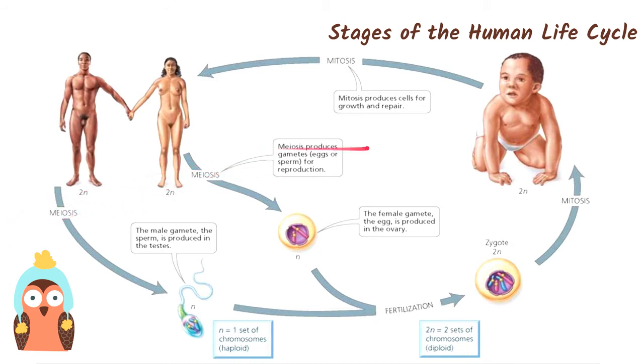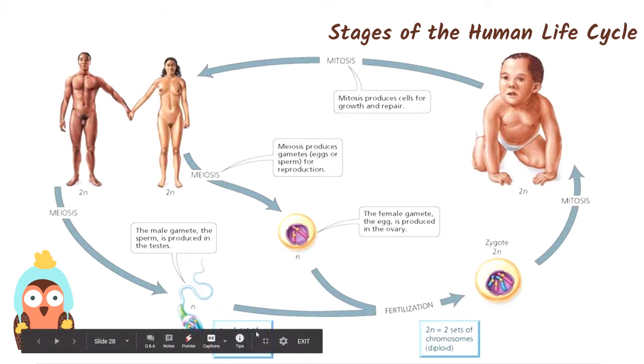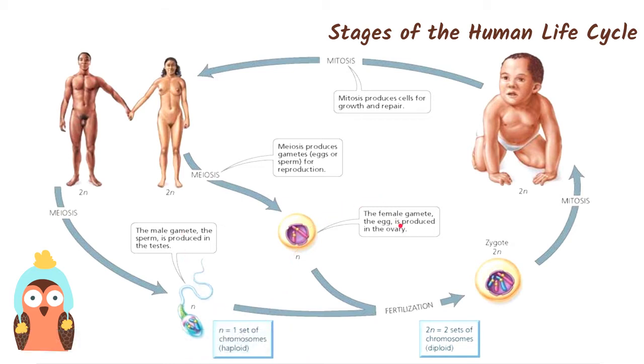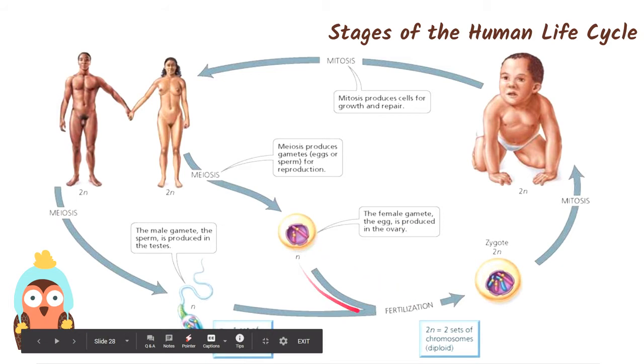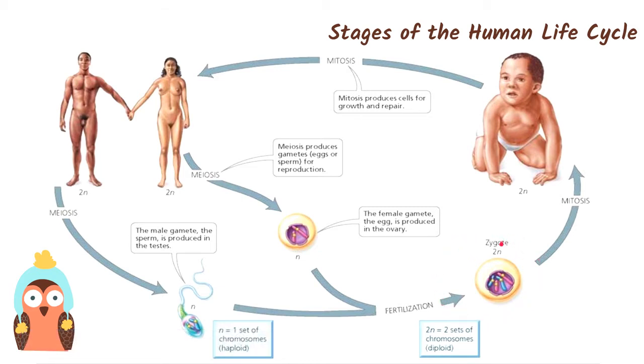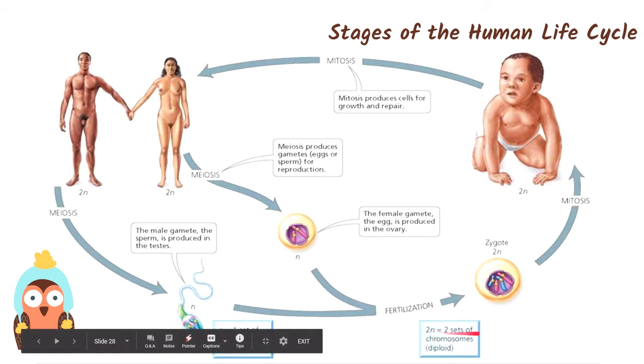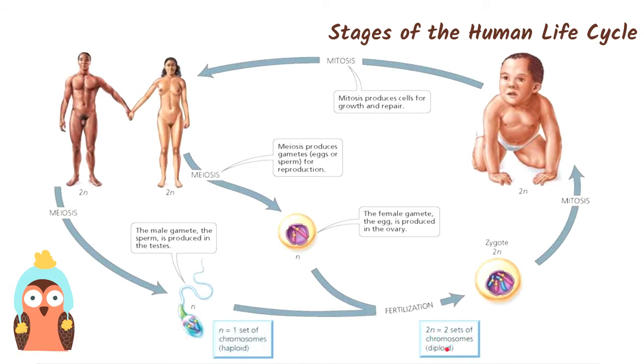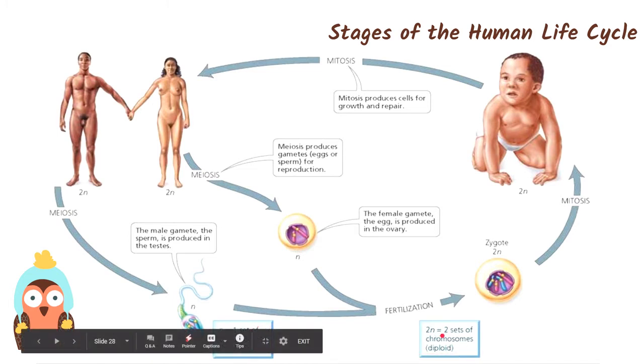Meiosis produces gametes, eggs or sperm, for reproduction. The male gamete is haploid; it only has one set of chromosomes. Same with the female. Upon fertilization, the gametes unite to form a diploid zygote. So it's now 2N, it has two sets of chromosomes. N is one set, 2N is two sets.